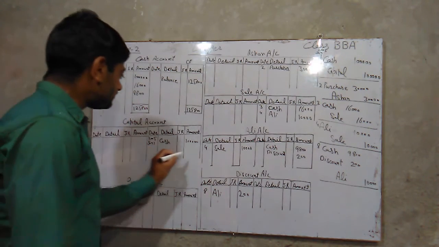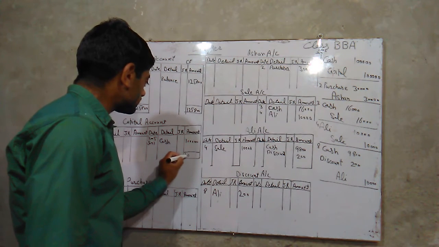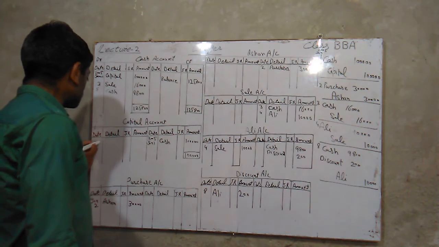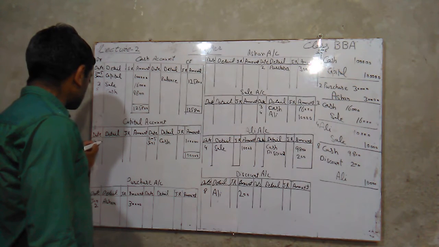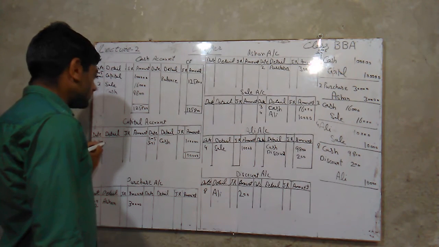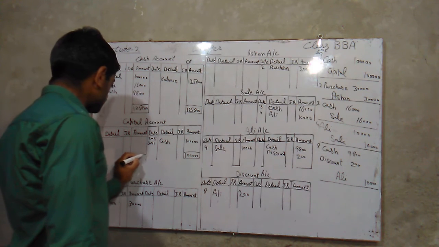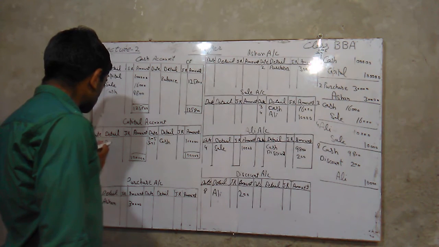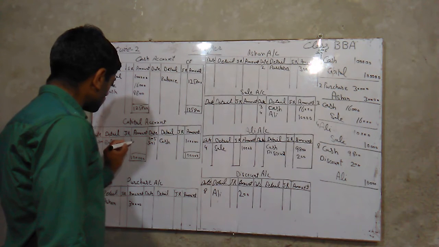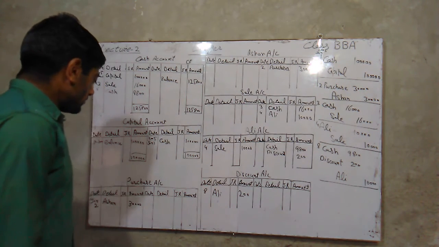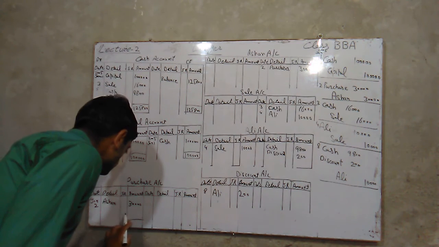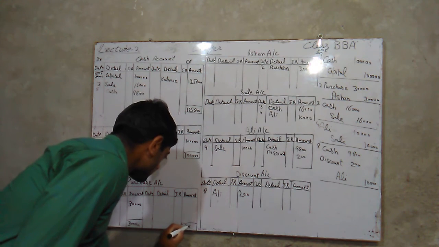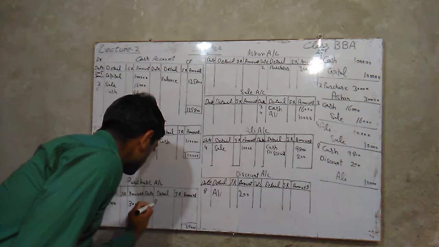Then the capital account balance, closed on 3rd January, and the balance is a credit balance.